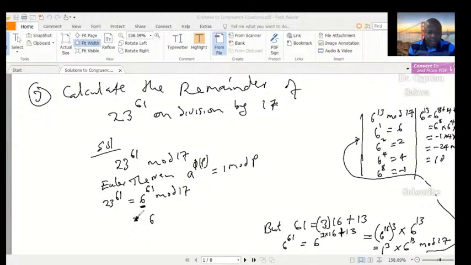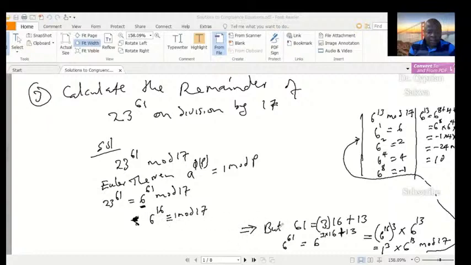Euler's theorem says that 5^16 is congruent to 1 mod 17. But what I have is 5^61. So I continue from here.